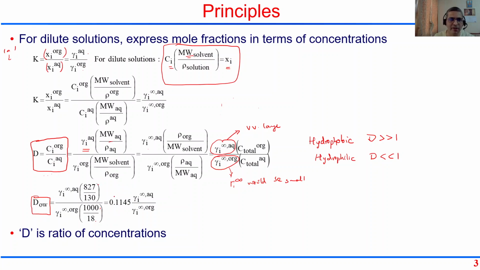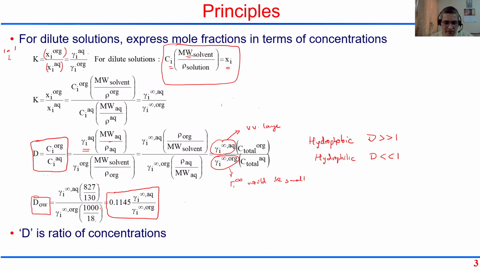You can substitute these values and you will find that DOW, the octanol-water partition coefficient, is equal to 0.1145 or 115 times gamma I infinity in the aqueous phase divided by gamma I infinity in the organic phase. So this octanol-water partition coefficient tells you how hydrophobic the solute is, right?